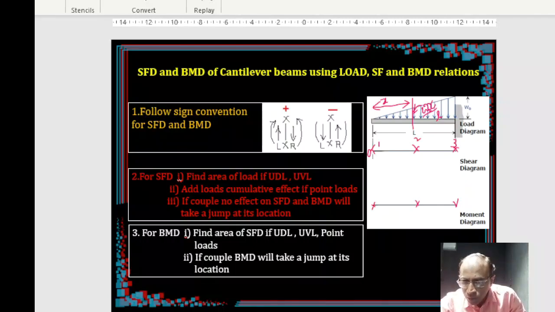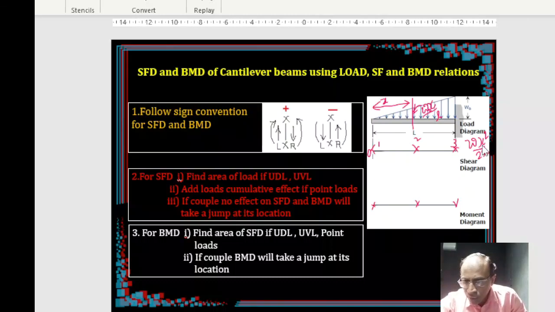Wx square by 2L, if my point 2 is at the mid span, say, you can take wx square by 2L. So mid span means x becomes my L by 2. So in that case, what is the ordinate? X, that means L square by 4 again divided by 2L.